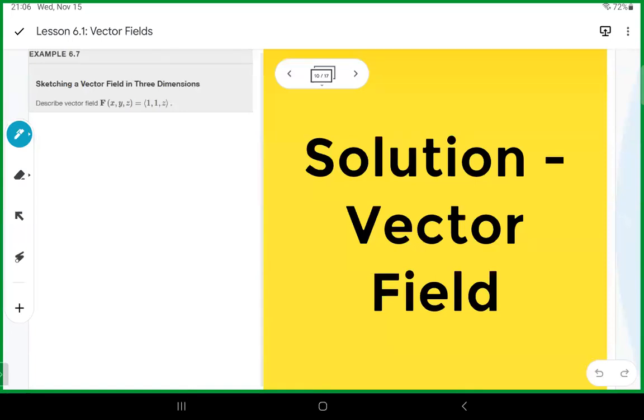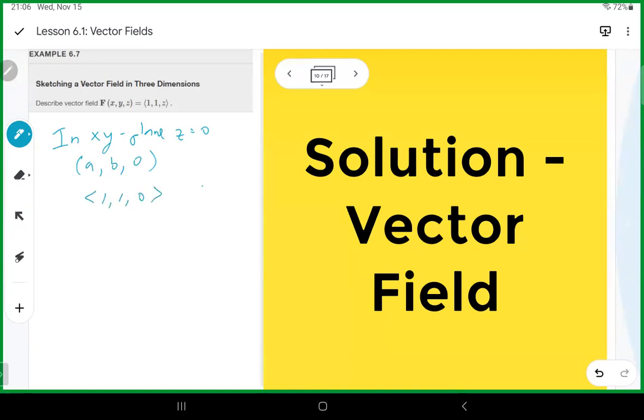So in the xy plane, z would be equal to 0. So literally each point would be (a, b, 0), which would have the vector associated with it being <1, 1, 0>.